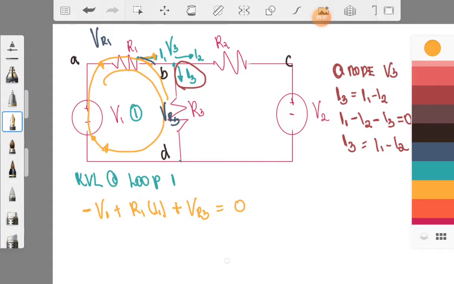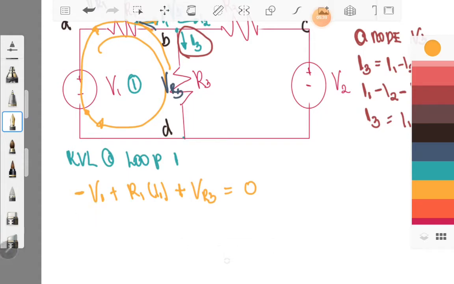So what is VR3? We have negative V1 plus R1 I1 plus VR3. What is the current that enters R3? It is our I3. So VR3 is equal to I3 multiplied by R3, equals 0.